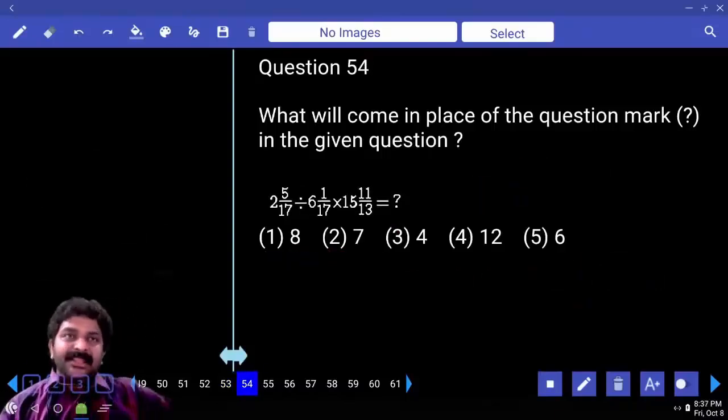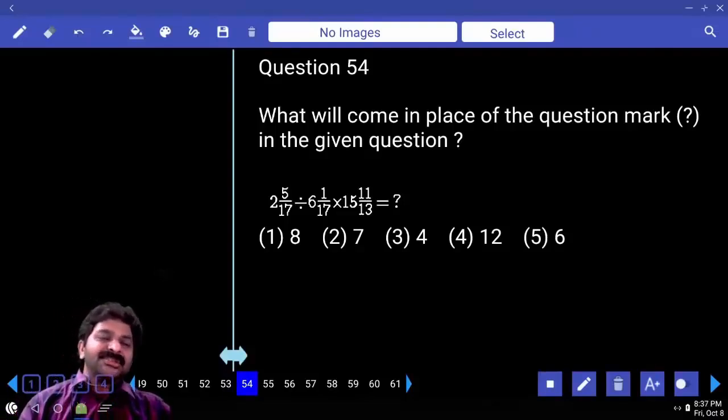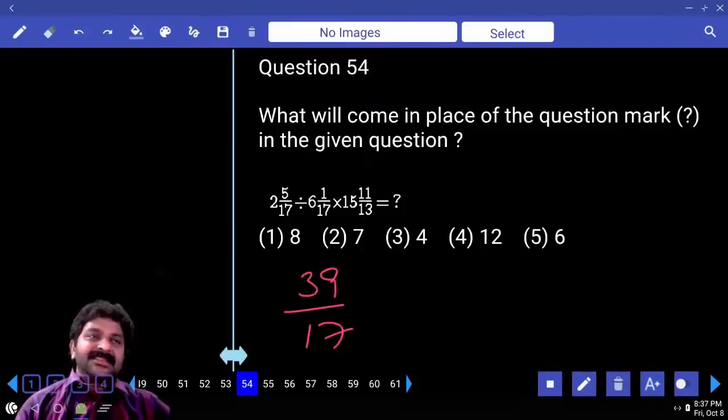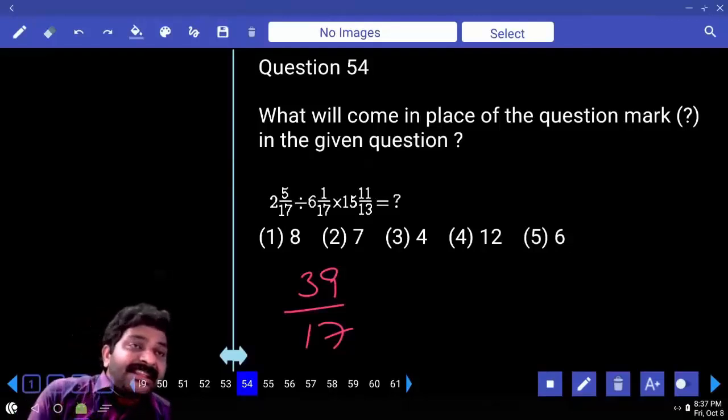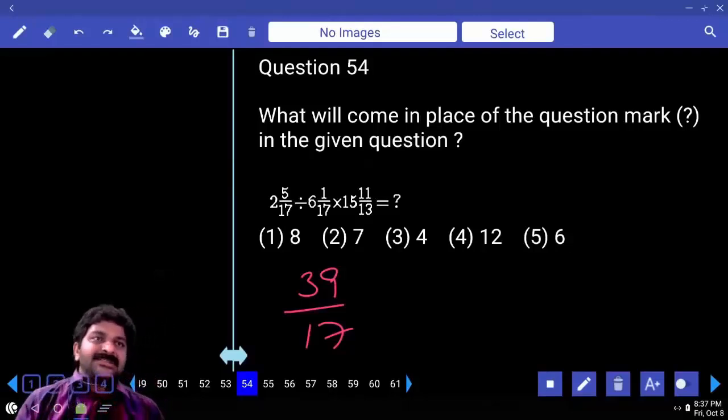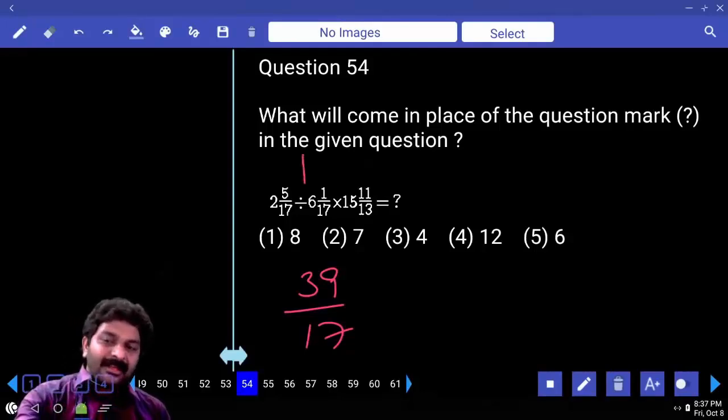2 5 by 17. Mixed fraction to improper. 2 17 times 34 plus 5, 39 by 17 divided by 6 1 by 17. 6 17 times 102 plus 1, 103 by 17, divided by symbol we have.